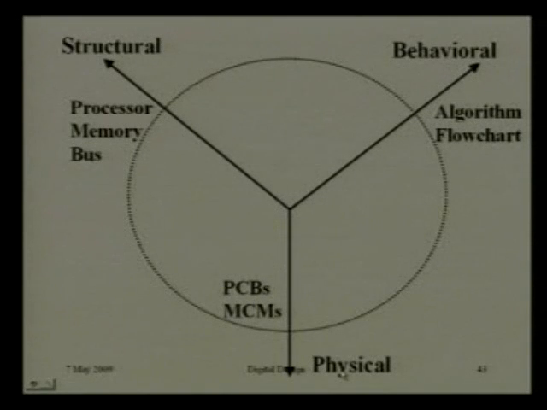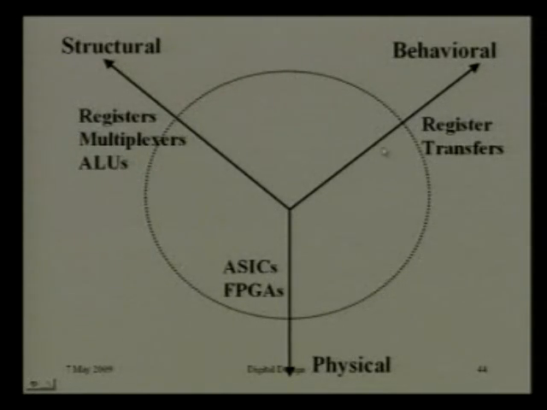MEMS etc. is the physical thing. Then register transfer, people can start from here, that is also behavioral. Register, multiplexer, ALU, multiplexer based design or ALU etc. Then ASICs or FPGAs, okay. Then it is also physical.